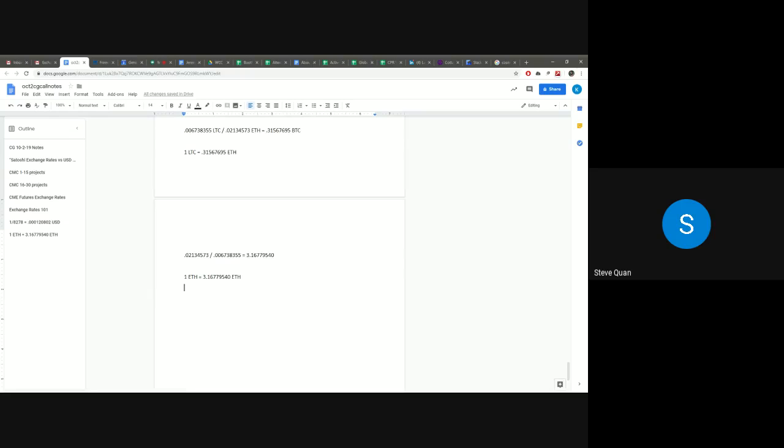So me talking on this part probably bored some people. I get it. If you know this, it's pretty boring. If you're not familiar with this, I would urge you to take a screenshot and go to Coinbase, where you can't see the spreads, but you know what $1 equals, and you know what 1 Ethereum or 1 Bitcoin or 1 Litecoin equals.